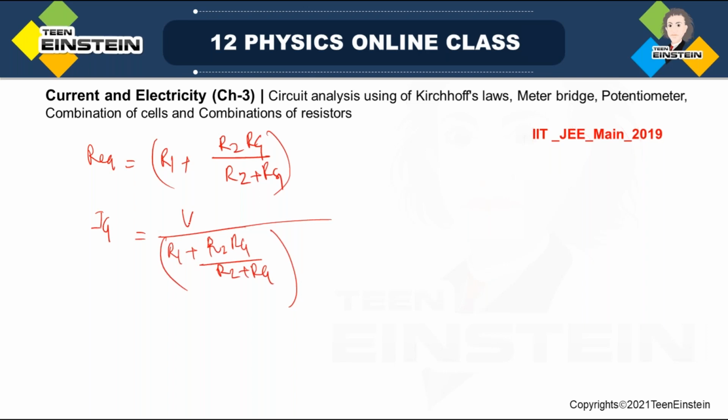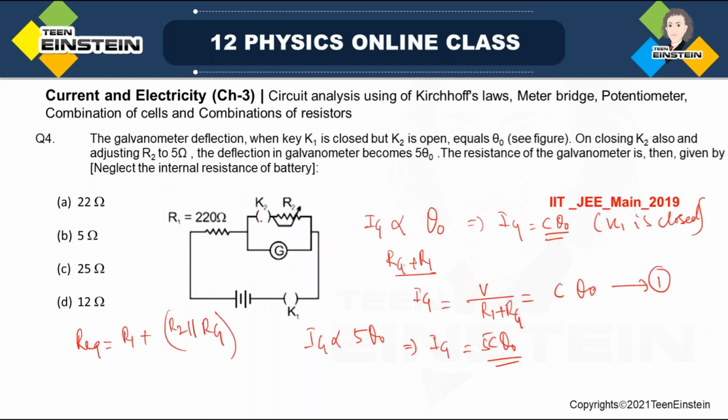So this is V by R into, here it will be R2 by R2 plus Rg, because you know this is a parallel circuit combination, and this is in series with that.